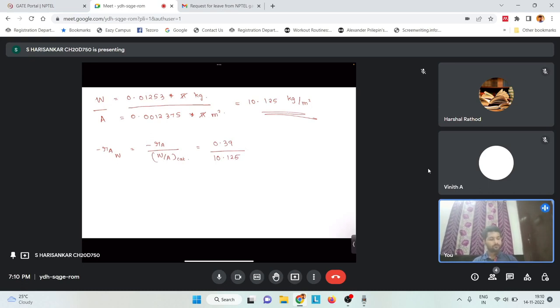And if we do the math here, we'll get the final answer as 0.0385, and since we need to approximate it to three decimal points, it will be approximately 0.039, and the unit will be mole per kilogram catalyst per minute. The right answer will vary between 0.034 to 0.043.